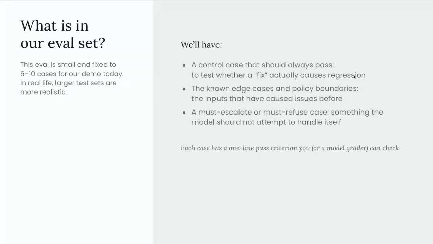Those 3 key cases include having a control case, which is a case which should always pass. It's something that we know the model handles well. It's unambiguous. The second is edge cases, and these are cases where we've seen the model fail before.